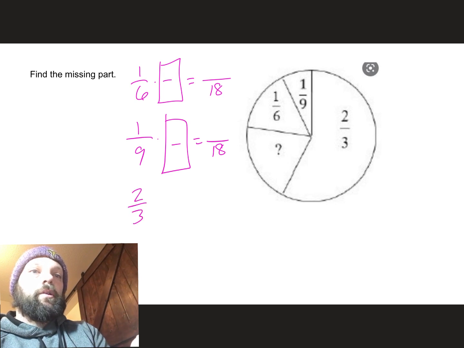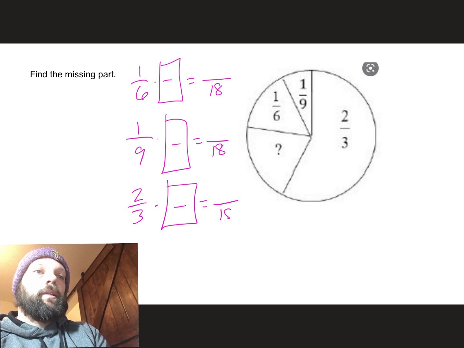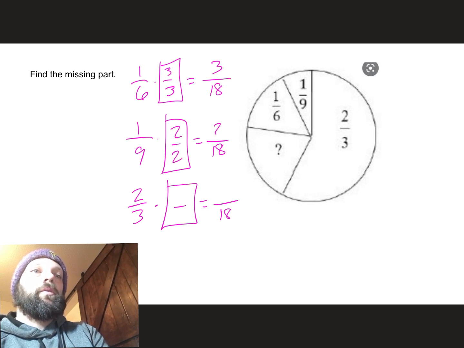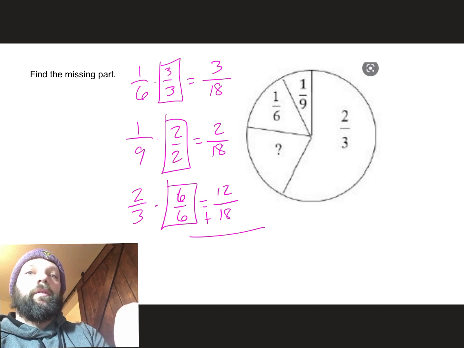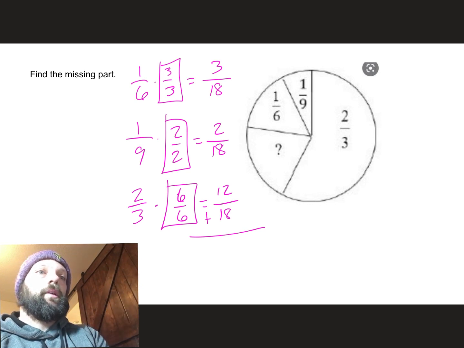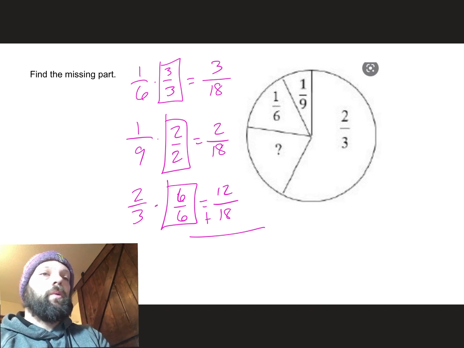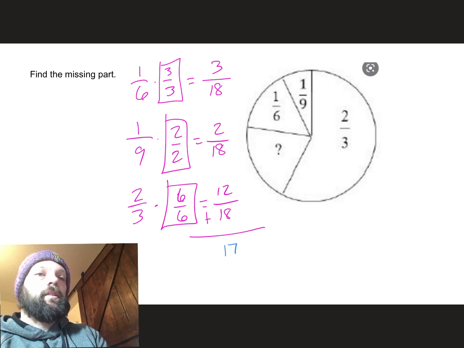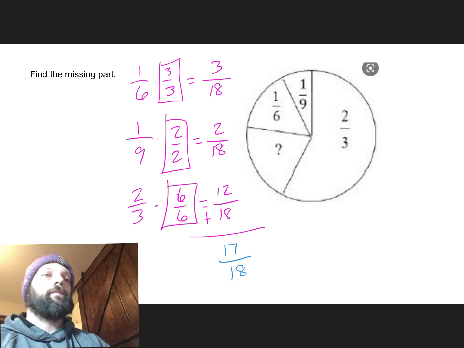And then 2/3, we're going to put that into a common denominator of 18. So 6 times 3, so that means it's 1 times 3. 9 times 2, 1 times 2. 3 times 6, 2 times 6 is going to give me 12. So now I want to add all of those up. So 3 plus 2 is 5. 5 plus 12 is going to give me 17 over 18.